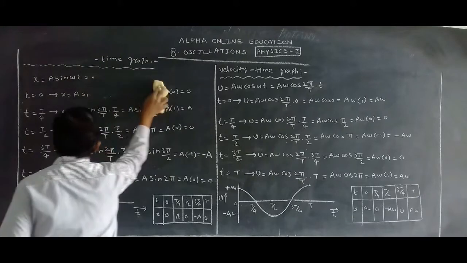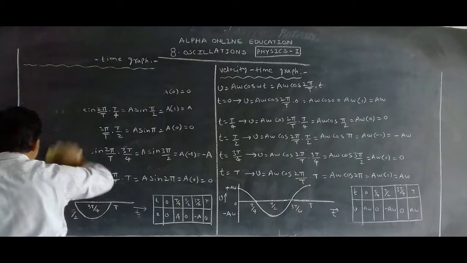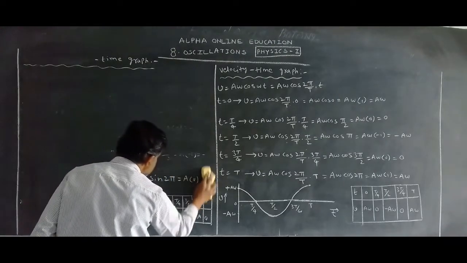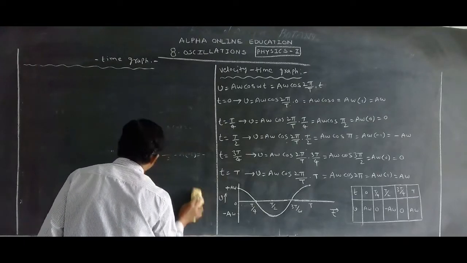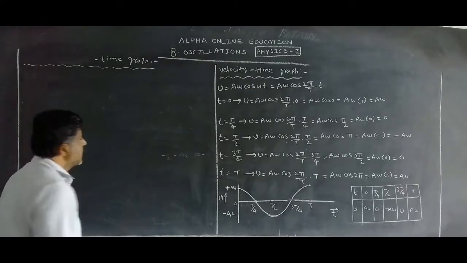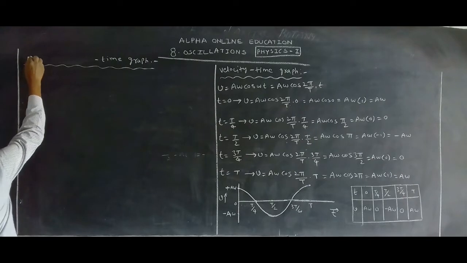Displacement time graph is called a sine curve. Velocity time graph is called a cos curve.